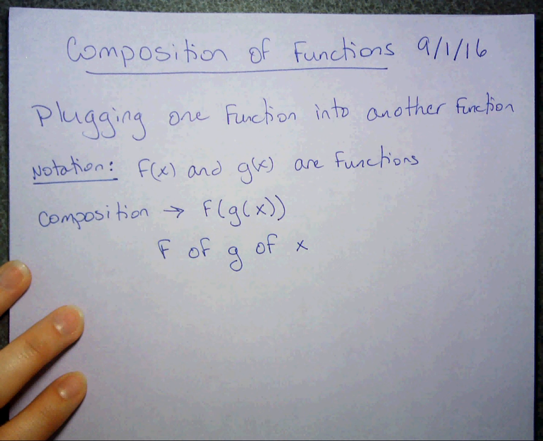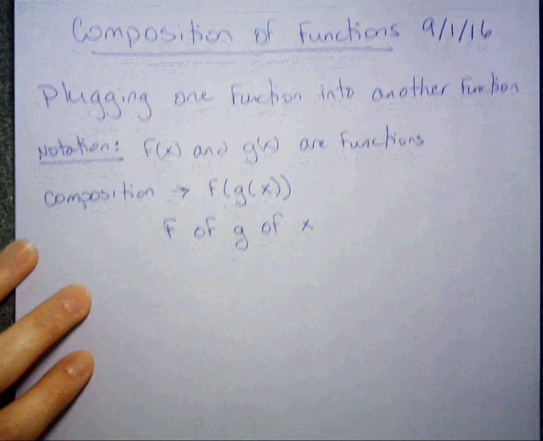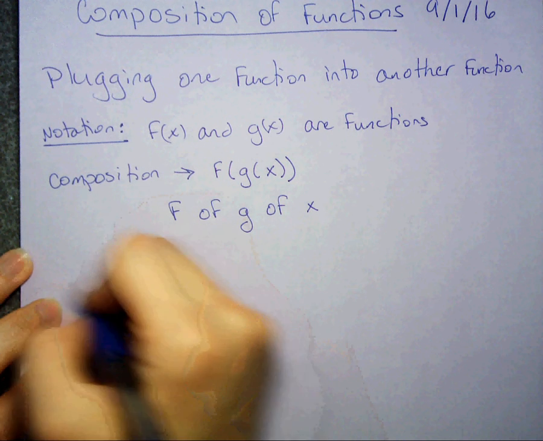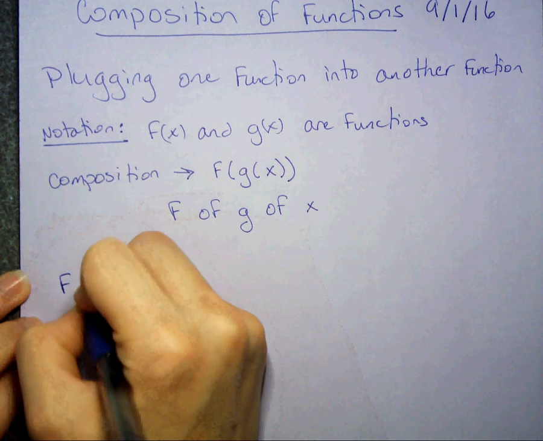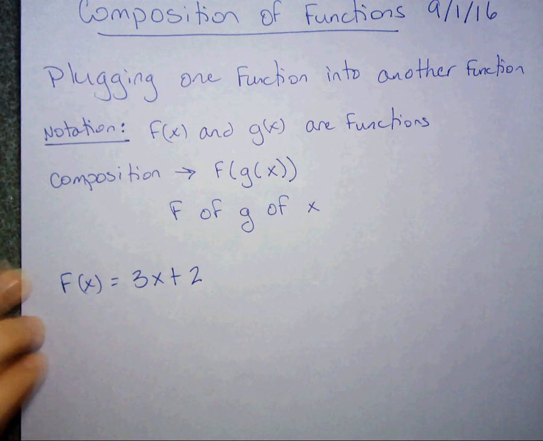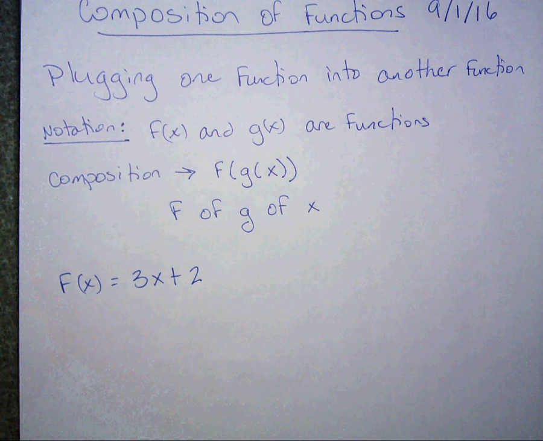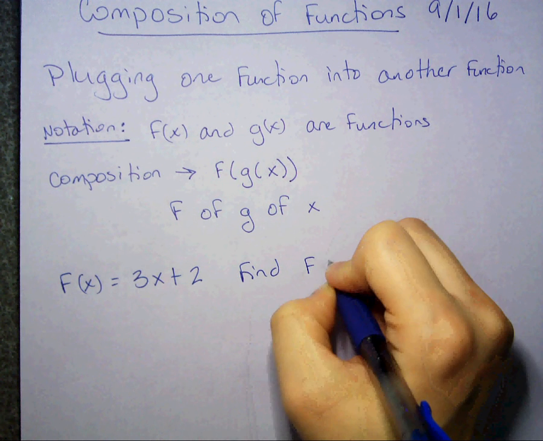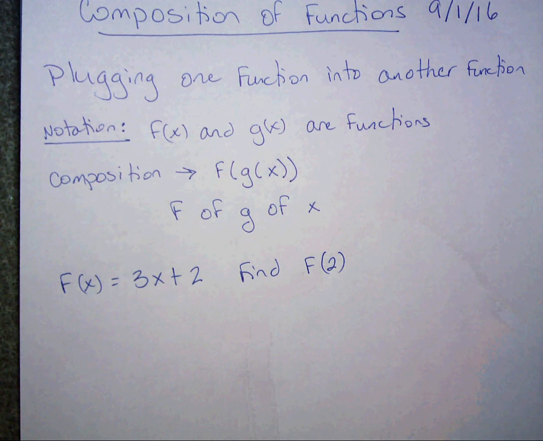Now, go back real quick to our function notation. If I have f of x equals 3x plus 2, and I ask you to find f of 2, what am I asking you to do?